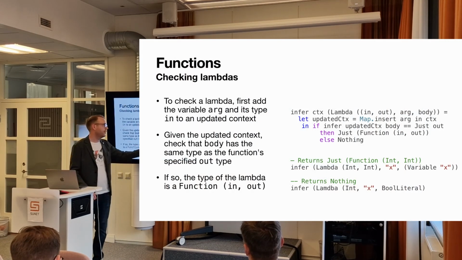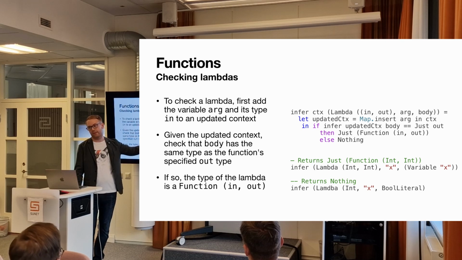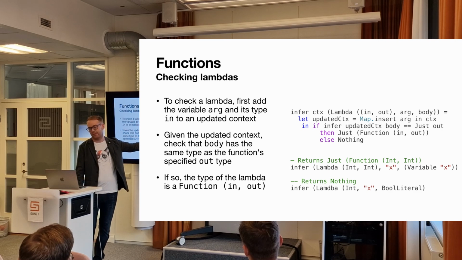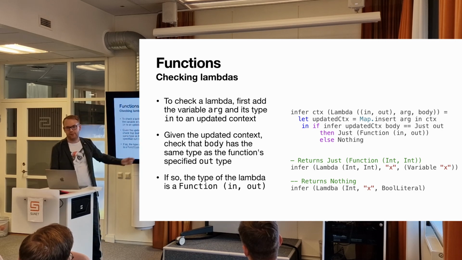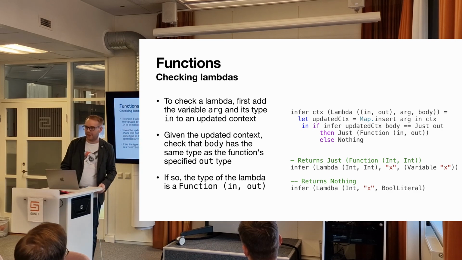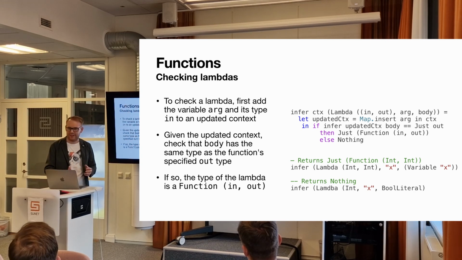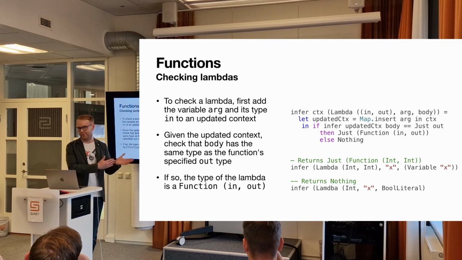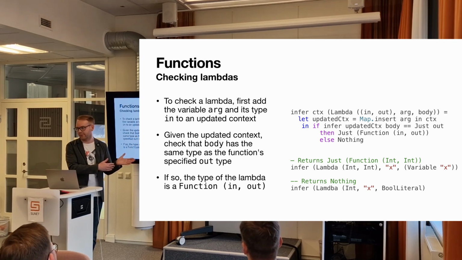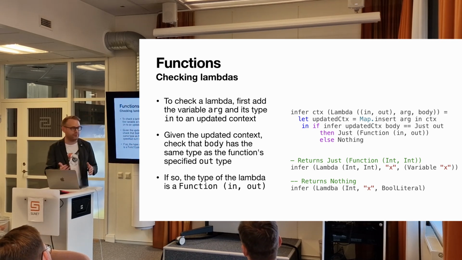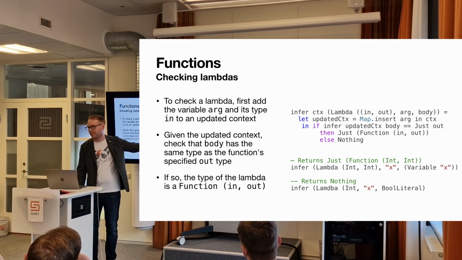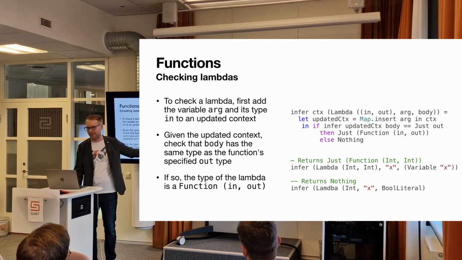So we start by inserting the input type in the context. Then we run the inference function on the function body with the updated context. And if that still makes sense, using the variable rule that we introduced before, then we get back a type. And we expect that type to be the same type as the function's output type.